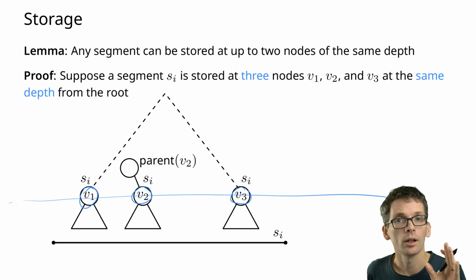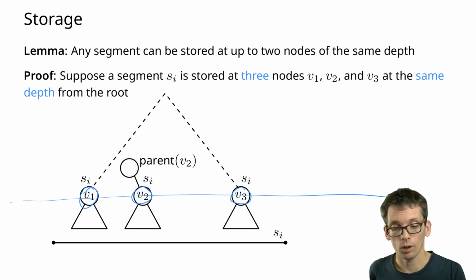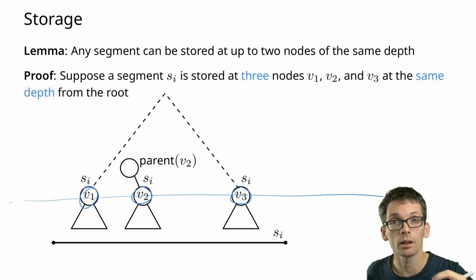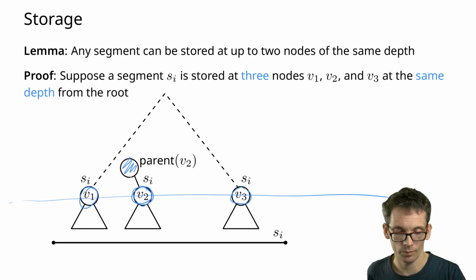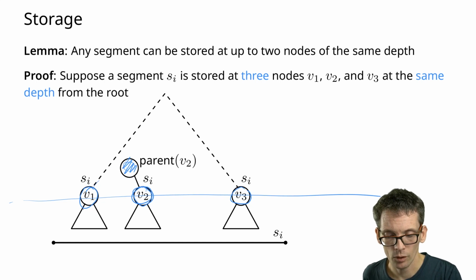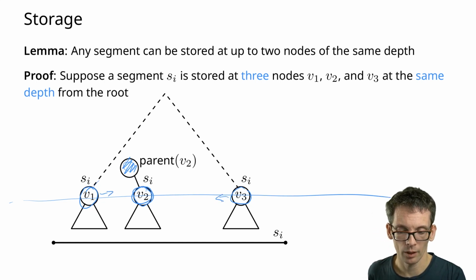Now this actually leads to a contradiction, because if you look at the middle of these nodes, so V2 in this case, and if you look at the parent of V2, it actually has to be to the left of V1 and to the right of V3.